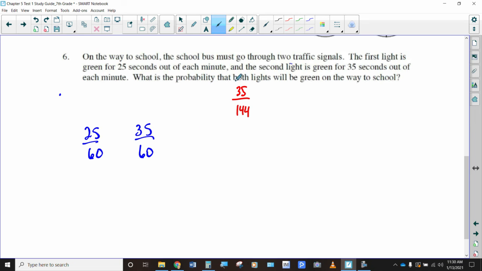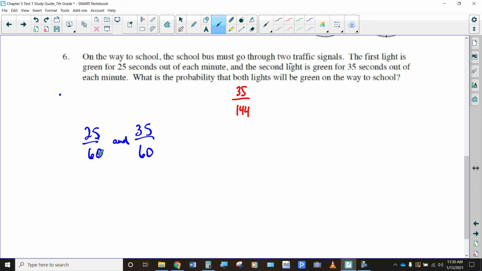And then it says, what's the probability that both lights will be green on the way to school? So that means that this one and this one will be green. This is a multiplication process. So you can multiply straight across and simplify the fraction, or I would recommend we simplify these ratios before multiplying them.